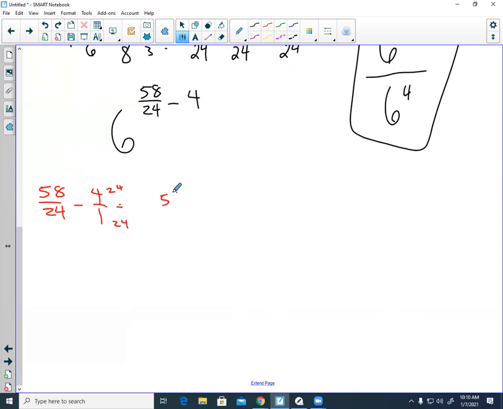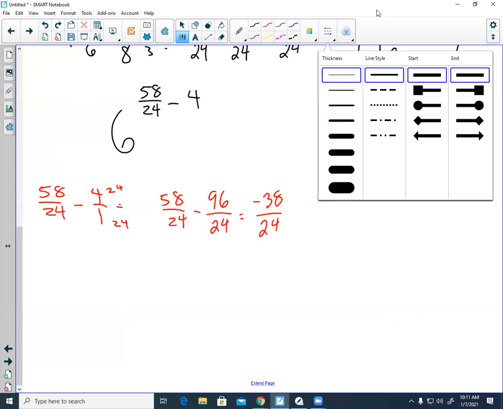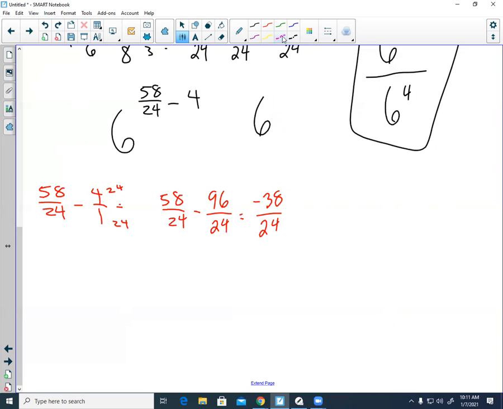So this is going to be 58 over 24 minus 96 over 24, which is equal to 38 over 24. So now my new expression up top is equivalent to 6 raised to the negative 38 over 24 power.